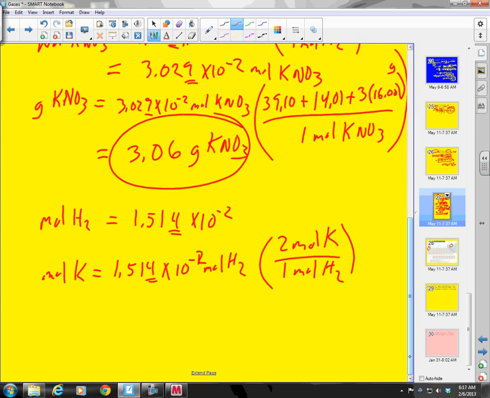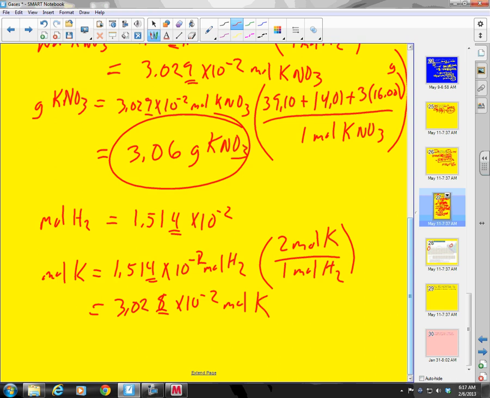Good. So that is equal to 1.514 times 10 to the minus 2 times 2 equals 3.028, in this case because we rounded, times 10 to the minus 2 moles of K, right?